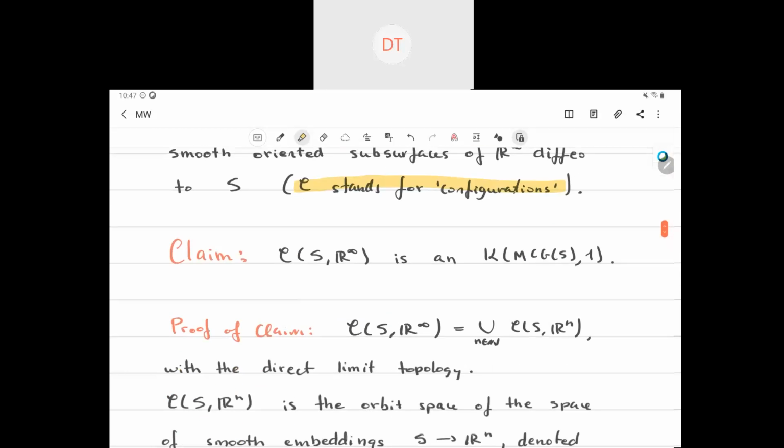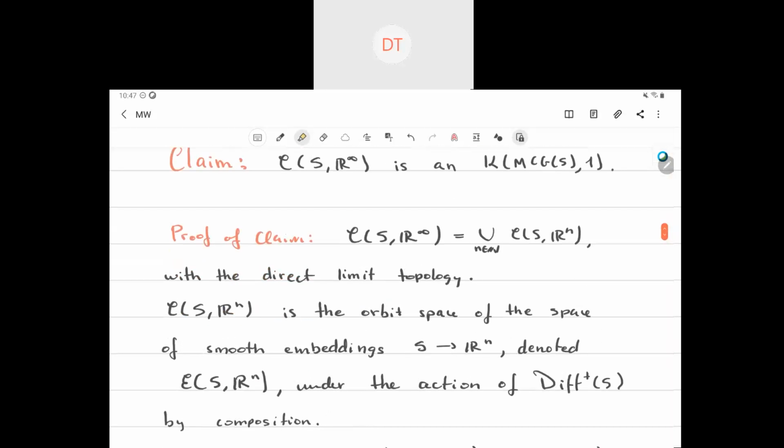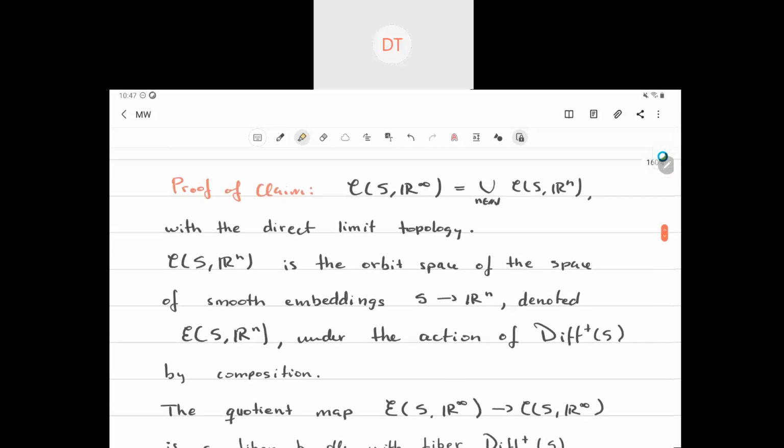Okay. So the claim is that this space is the Eilenberg-MacLane space that we want. Okay. So let's see why that is true. Okay.